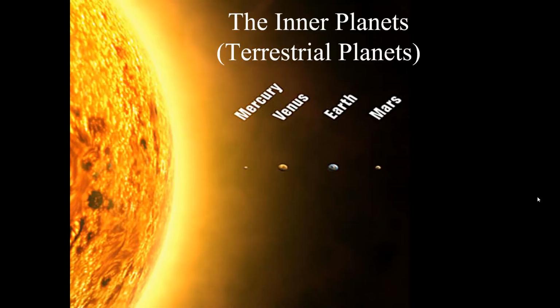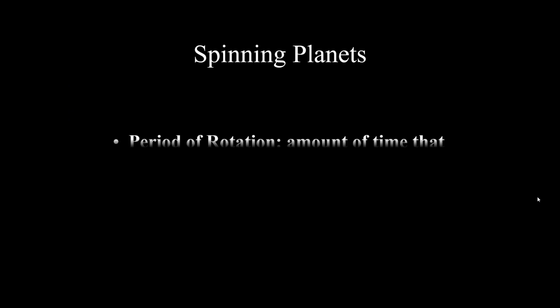The inner planets, also called terrestrial planets: Mercury, Venus, Earth, and Mars. So these 4 planets are terrestrial planets or inner planets. Spinning planets.